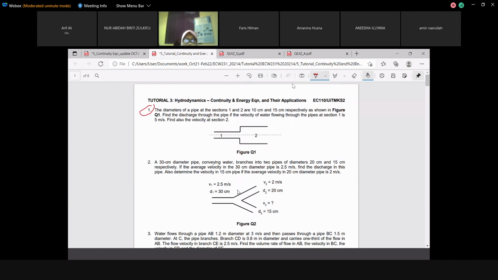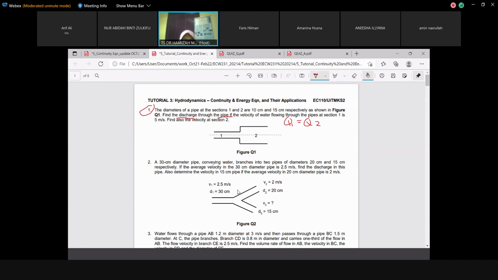What is the discharge flow rate of the pipe? Q1 equals to Q2. Boleh calculate now. This is Q1 over Q2. What is the flow rate ataupun discharge of the pipe on the section 1?